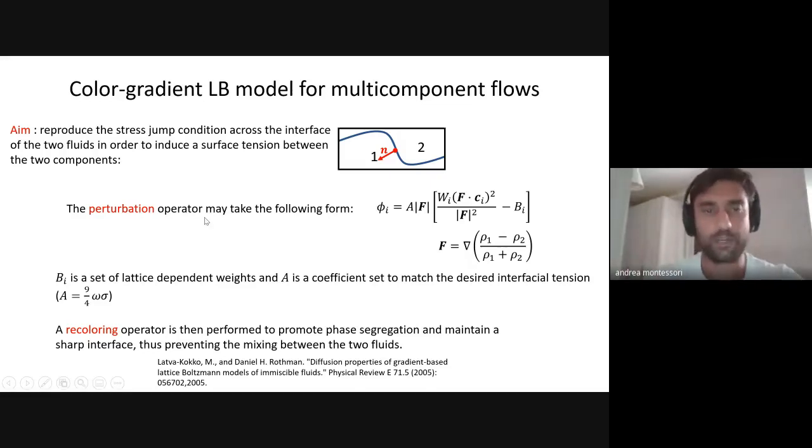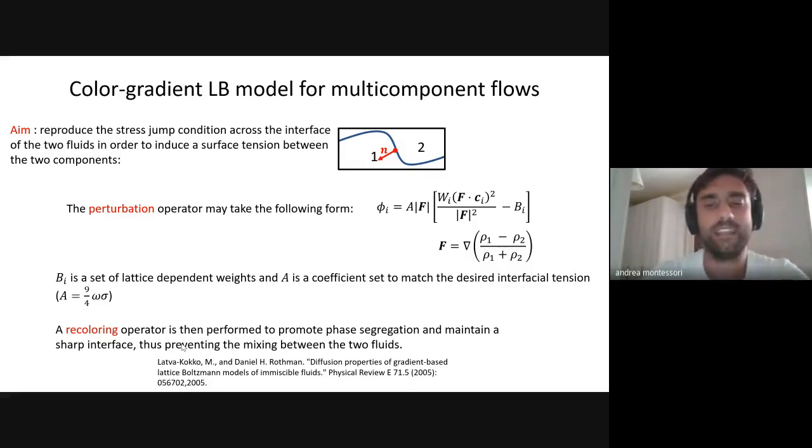Then, after the perturbation step, in order to minimize the diffusion of a component within the other one, we employ another step, which is a recoloring step. All the details are reported here. Perhaps one of the most important publications in this regard is the work of Latva-Kokko and Rothman, in which you can find all the details.